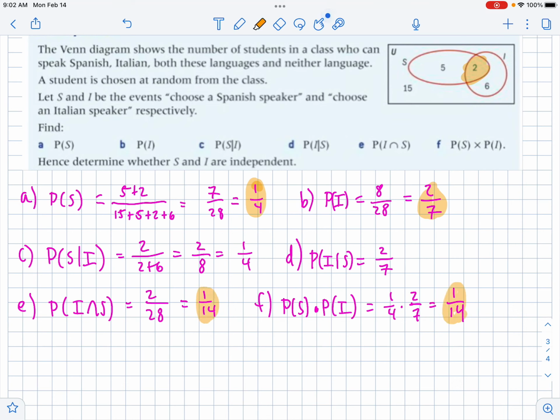Notice that their intersection and their 2 respective probabilities multiplied together are the same number. That means that S and I are independent events.